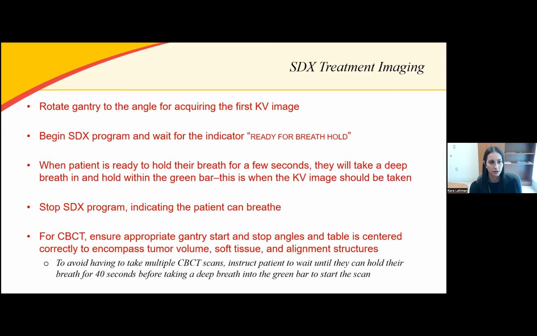So you just want to make sure that the patient is centered on the machine in such a way that your half arc cone beam CT is going to capture the tumor volume, the soft tissue, and the structures that the doctor's requesting for you to align to on the prescription.